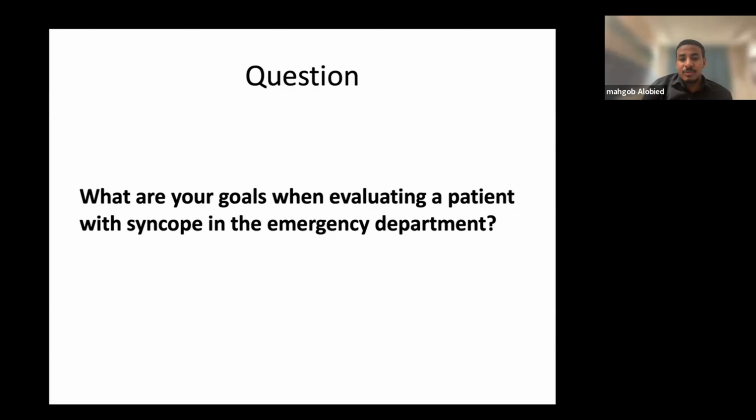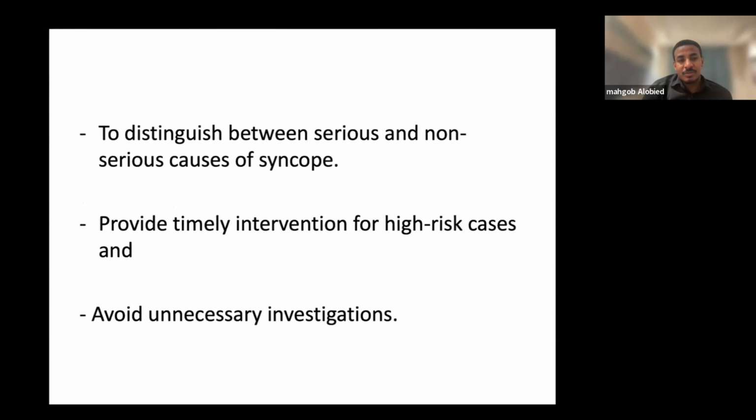So this is what our goal is. The first thing is to distinguish between serious and non-serious causes of syncope. That's the most important part here, because as we will see, we have simple or low-risk causes of syncope, where the patient can be discharged safely home, and we have very serious causes that need more evaluation, maybe admission, maybe urgent interventions.